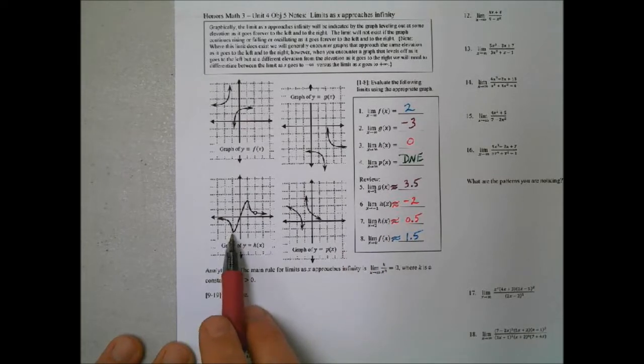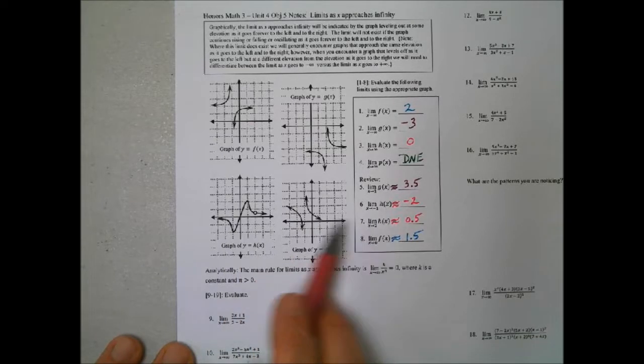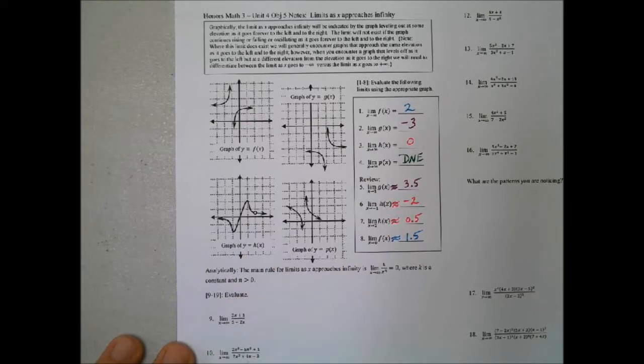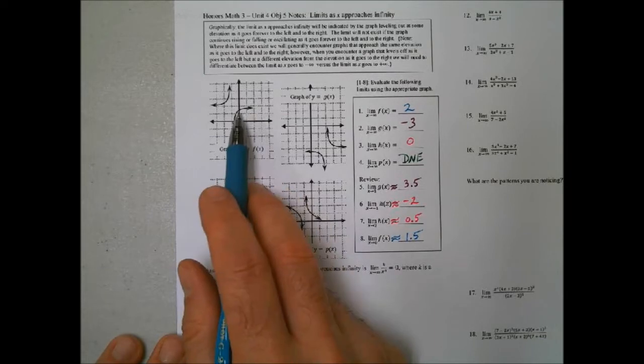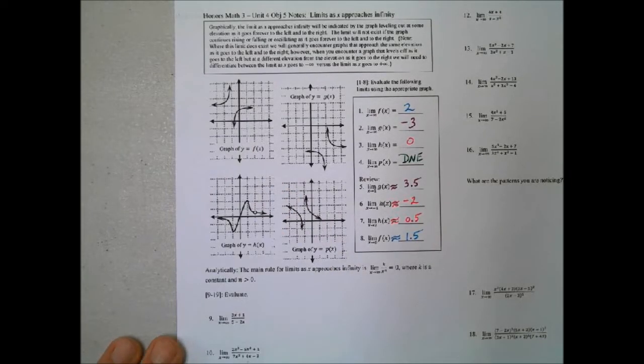If you said negative 1.9, something like that, that would be okay as well, but about negative 2. Limit as x approaches 2 for h of x, okay, it's about 0.5. And finally, limit as x approaches 0 for f of x, and you know that's about 1.5. Okay, so that was just review right there.